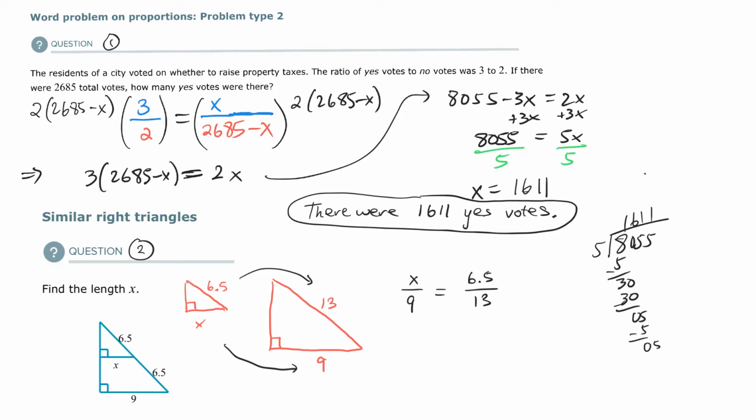So we can multiply the entire sides by 9 times 13. And we get what? We get 13x is now equal to 6.5, which is what? 13 halves times 9.